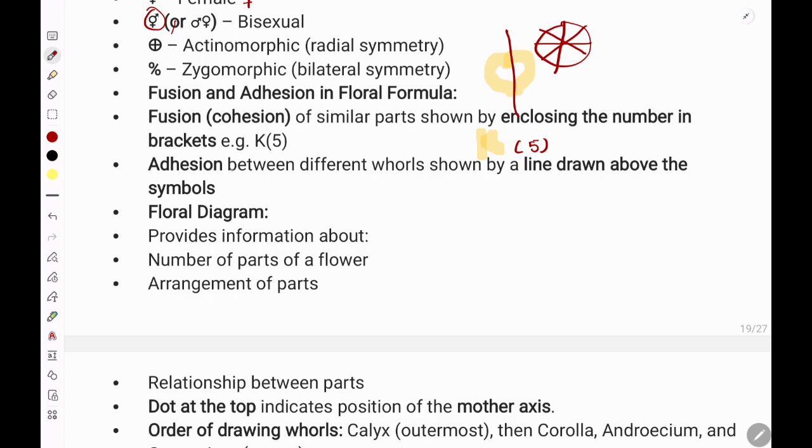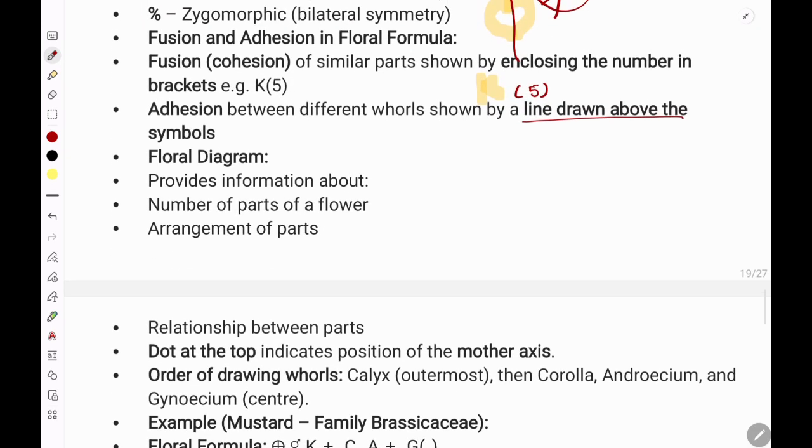Adhesion means if one whorl joins with another, the adhesion between two different whorls is shown by a line drawn. Let's understand this further.